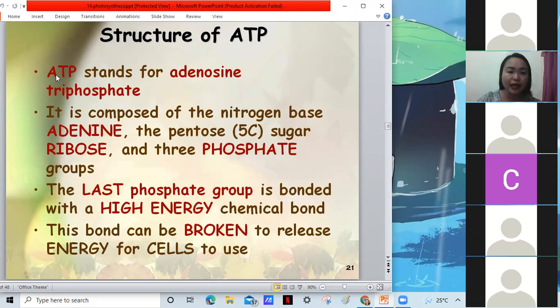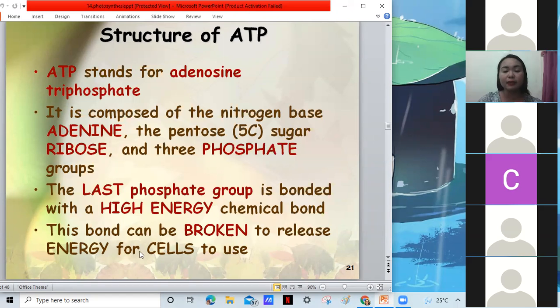So ATP is adenosine triphosphate, and this is the energy we use. The energy in our body is ATP. And this is composed of a nitrogen base called adenine, a pentose 5C sugar, ribose, and three phosphate groups. The last phosphate group is bonded with a high energy chemical bond.